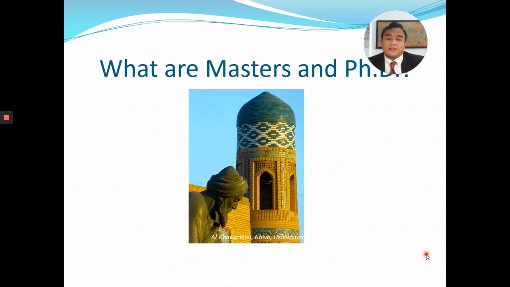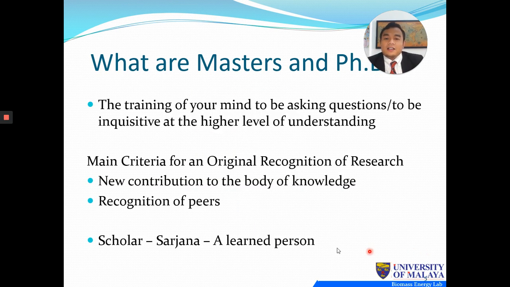So what are masters and PhD? Masters and PhD is actually, apart from obtaining the degree, a training of your mind to be asking questions and to be inquisitive at the higher level of understanding. And the main criteria for an original recognition of research are new contribution to the body of knowledge and recognition of peers. There is a term called scholar, sarjana, a learned person.